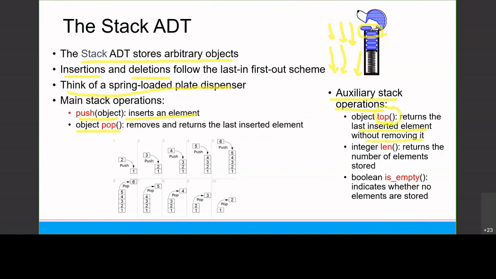Okay. Or I want to know the length. So how many elements are now in the stack? And then there will be a boolean, whether it is empty or not. Is empty. If it is true, then the stack is empty. If it is false, then the stack is not empty.